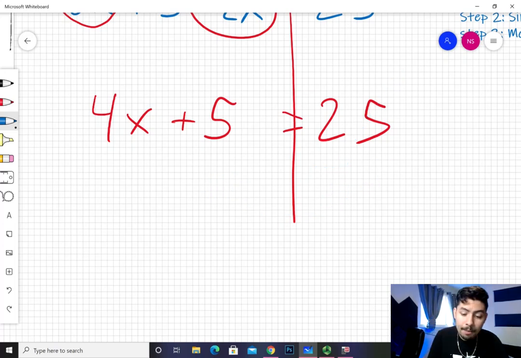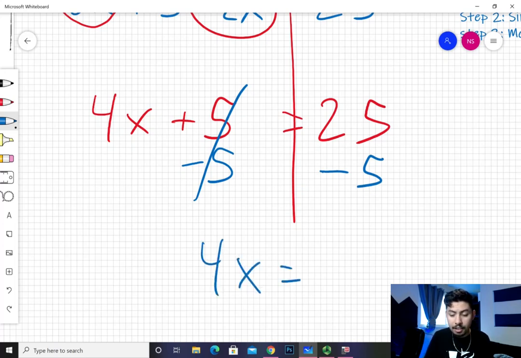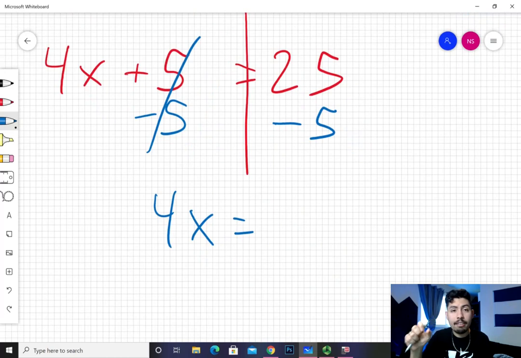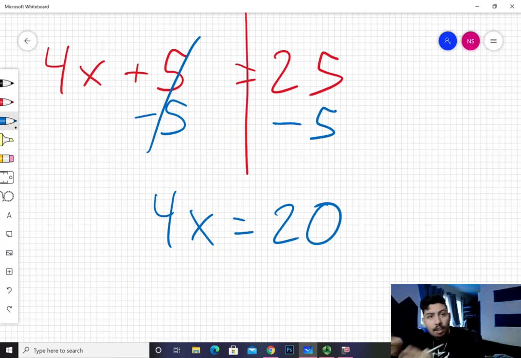So hopefully you got it. We want to move the 5 over with its friend, the other number, because if we did that, we end up getting 4x alone here, right? And then we have 25 minus 5, and that gives me my 20, right? Now we see polynomials to one side, numbers to the other. That's what we're going to do. In this specific example, all we had to do was move one number, and now we get to move on to step number 4.